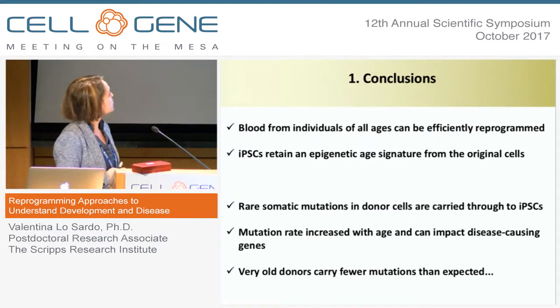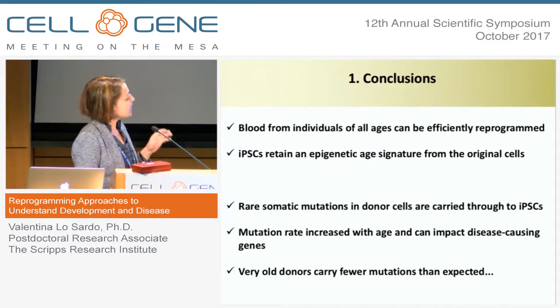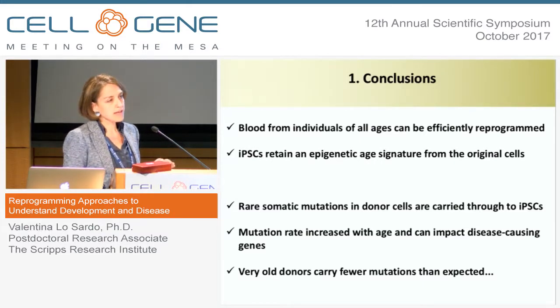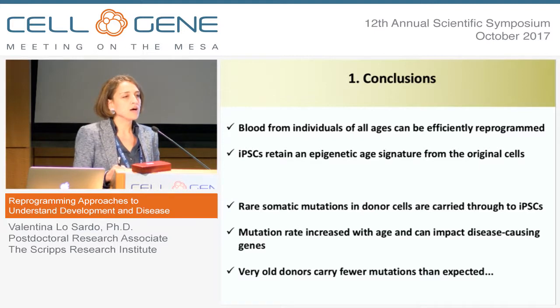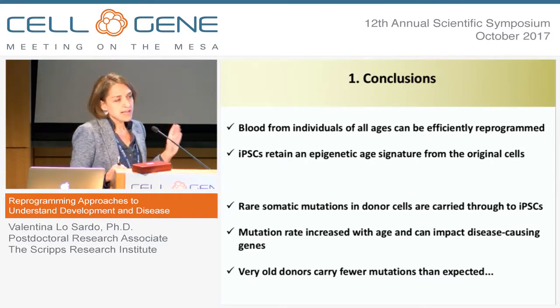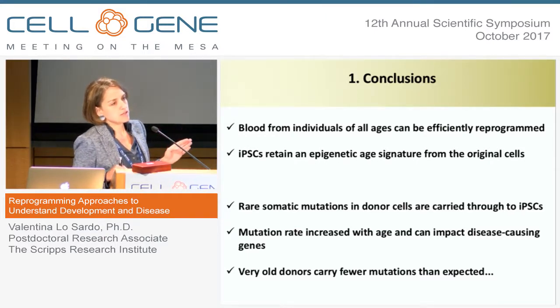So to conclude the first part of my talk, I would say we can reprogram blood quite efficiently from any age. And I think if we are thinking about reprogramming very old donor samples, maybe blood will be a very good tissue to reprogram, since we know that fibroblasts sometimes can be hard to reprogram if they are from old donors. But the iPSC can retain an epigenetic signature of age.